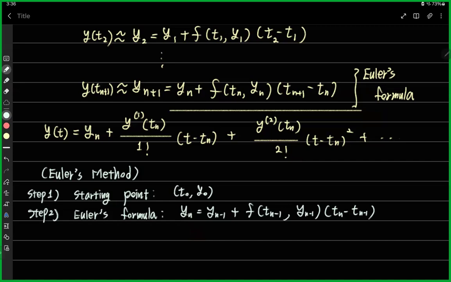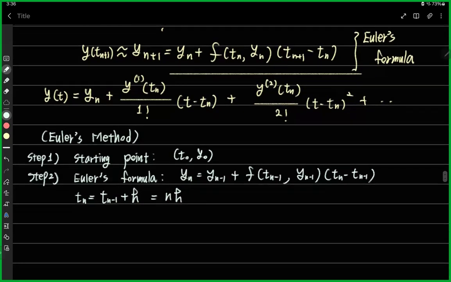And then t sub n is what? t sub n minus 1 plus h, which is equal to n times h, right? And y sub n is the approximate solution at t equal to t sub n.